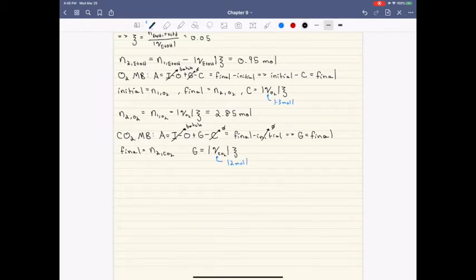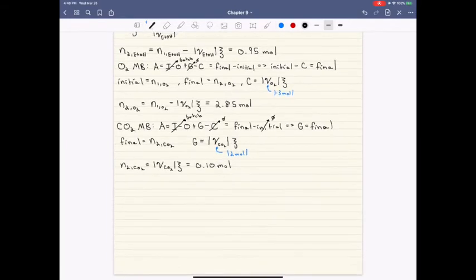This tells us that N2CO2 is equal to this relationship. The only value we don't know is that. If we plug in, we should get that 0.1 moles of CO2 were formed.